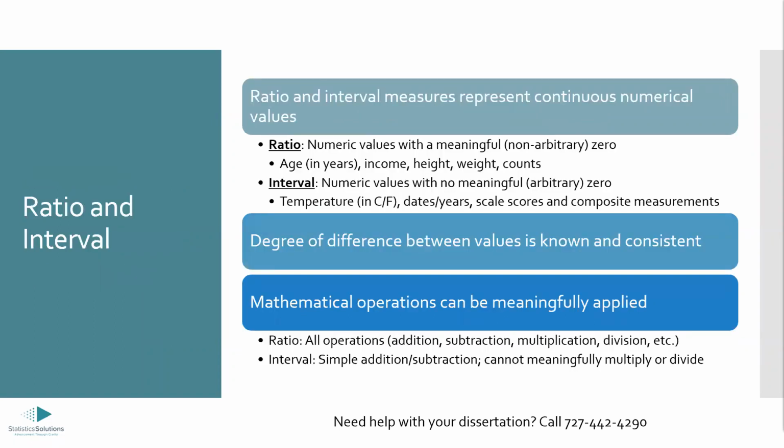So now let's talk about the different levels of measurement and what their properties are. The first is ratio and interval. This is the level of measurement that you would usually think of when you're thinking about quantitative data, because ratio and interval measures represent continuous numerical values.